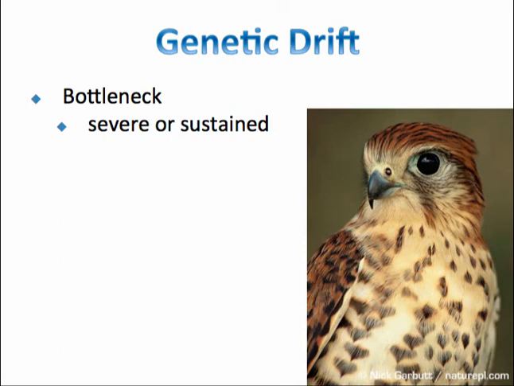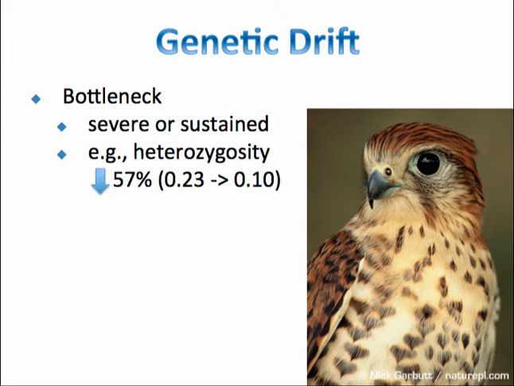Now, when they did a genetic analysis of these individuals, they first took a sample of museum specimens, which indicated the historic heterozygosity, and then compared them to the heterozygosity of living birds. They found that there was a reduction in heterozygosity by 57%, which is huge.